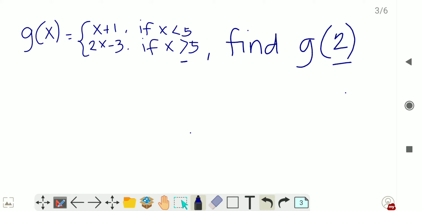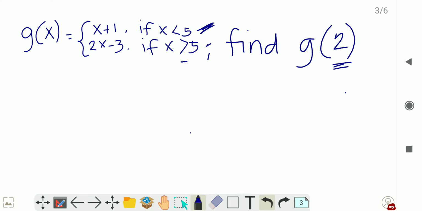So the value of x is 2, and we have two conditions. x is less than 5 and x is greater than or equal to 5. So we compare that to 2. Is 2 less than 5, or is 2 greater than or equal to 5? Now take note that 2 is less than 5.